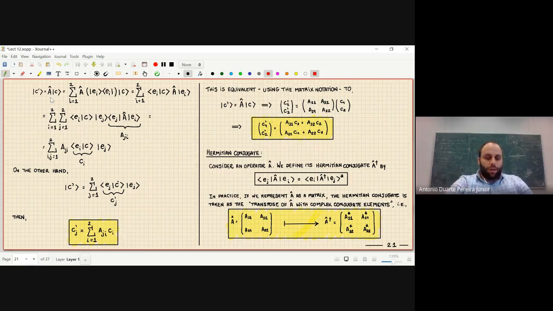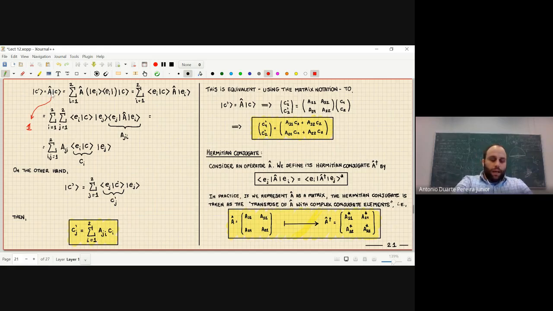You see that I have an operator times a vector. So I can come here, and in this space between A hat and C, I can insert an identity, right? Nothing forbids me from doing that because A hat times the identity is just A. So I'm not changing anything.